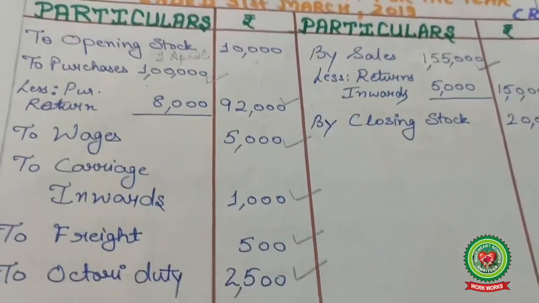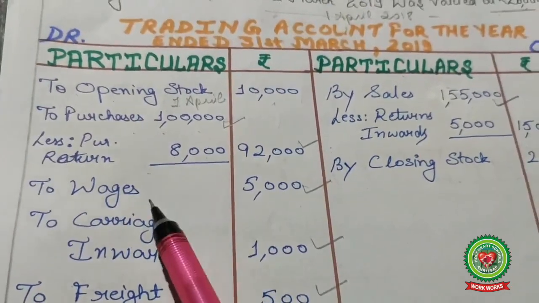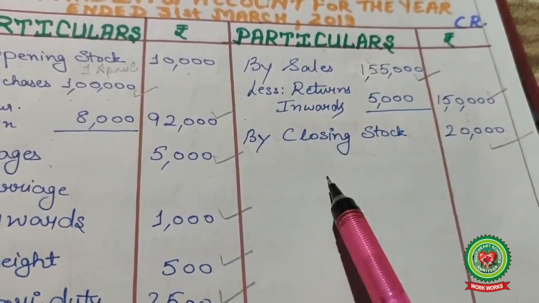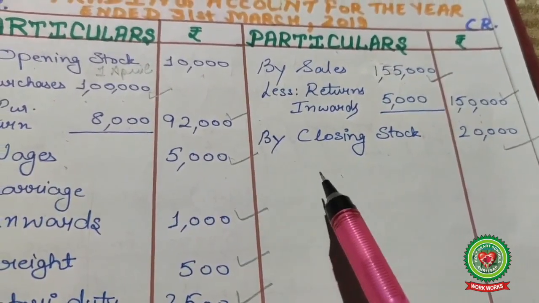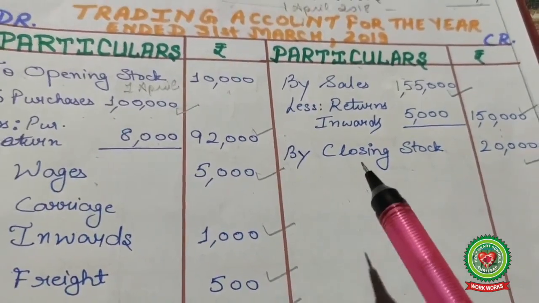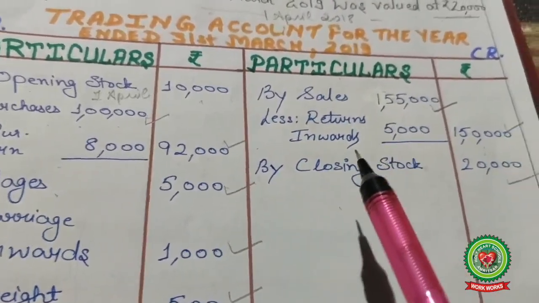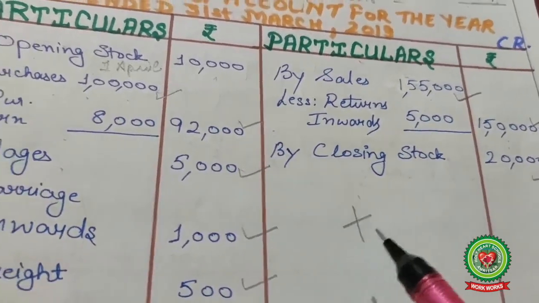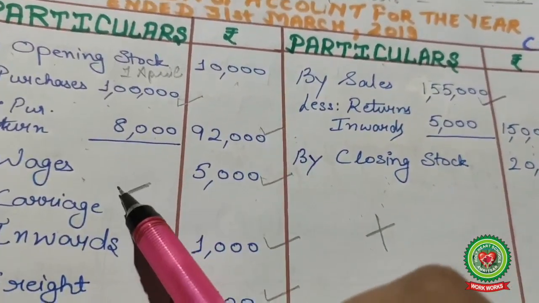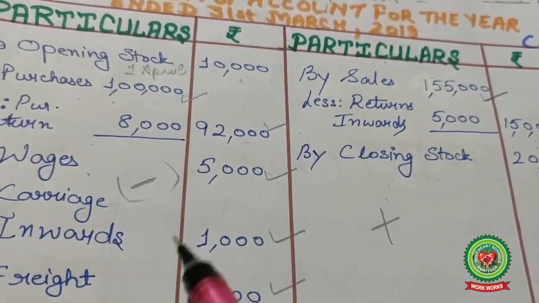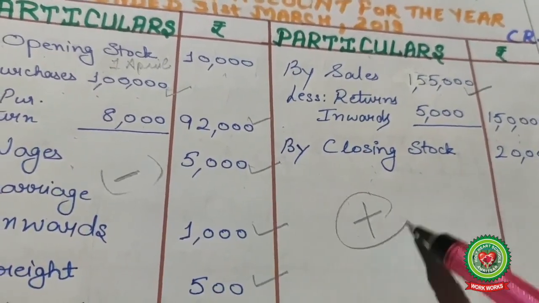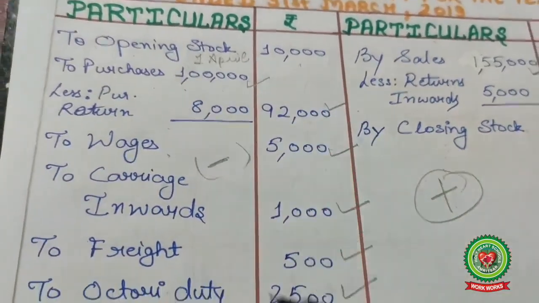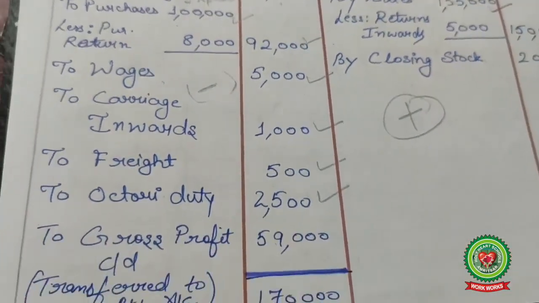Now see, if your expense side has the larger total and your credit side the smaller total, it means your business is in a loss. If your credit side is more, this is your positive side, you are receiving everything, while here you are just giving, like expenses, deducting everything. So if this side is more and this side total is less, it means gross profit.